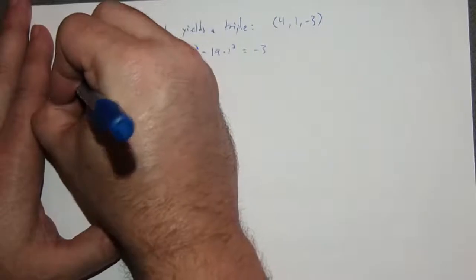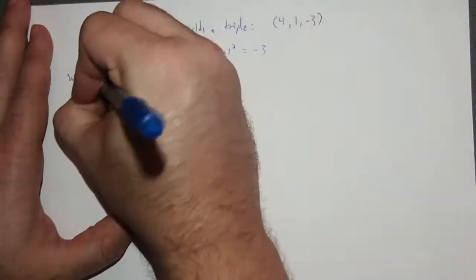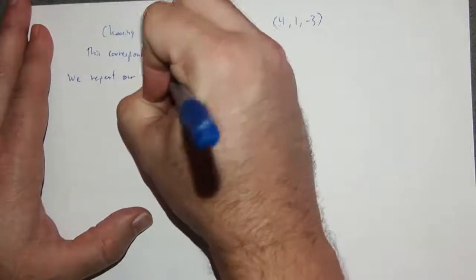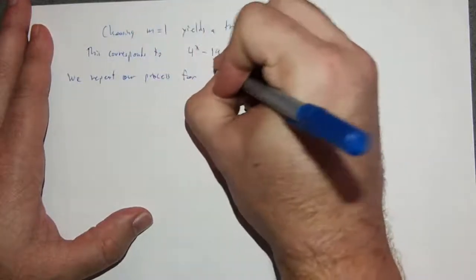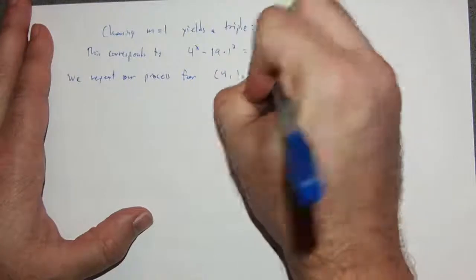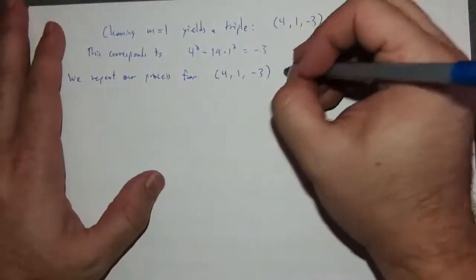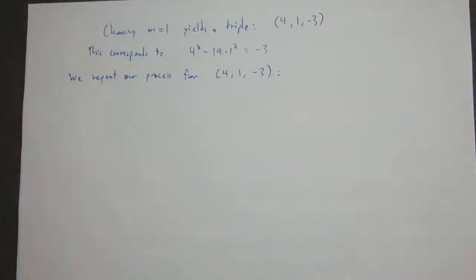So we repeat the process with our new triple, 4, 1, minus 3. So repeating this process where we multiply by m, 1, m squared minus 19, and then divide by the absolute value of k in the first two slots and k in the last slot, what do I get?